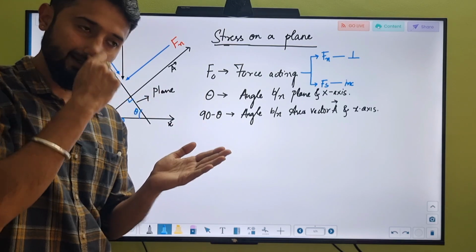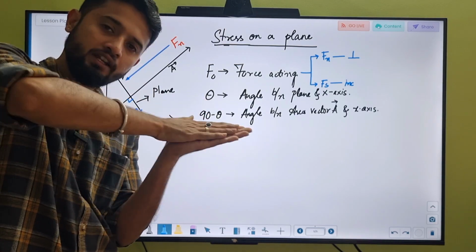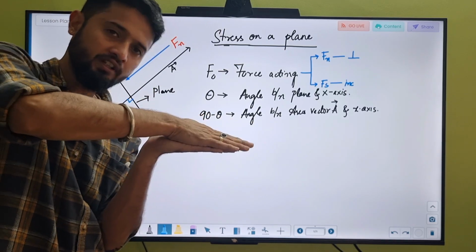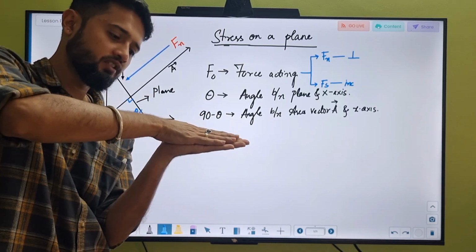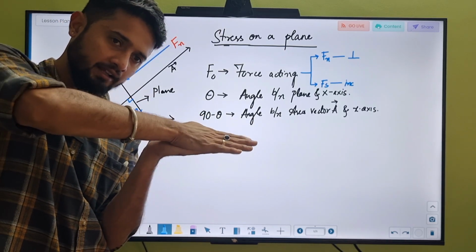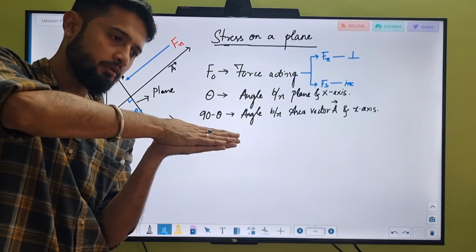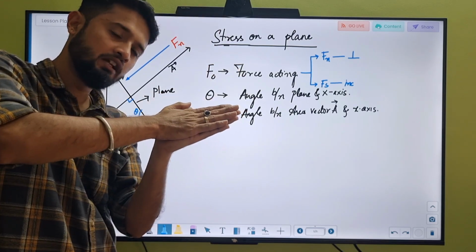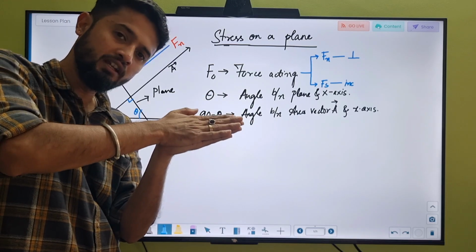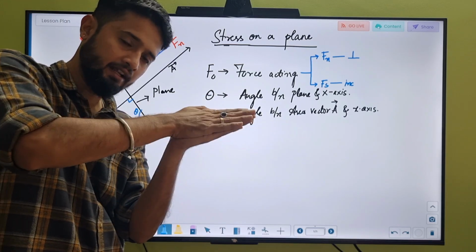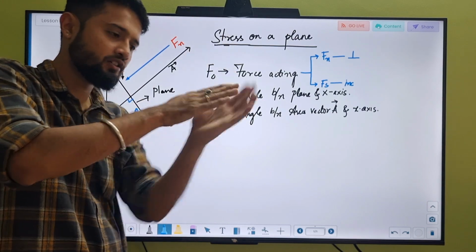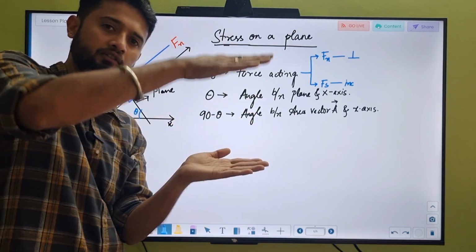I need an inclined pressure, then only it starts to move. My direction should be like this. So the force which I'm applying is split into the one which is perpendicular, which will help this body stay on the plane or the area. If there is no such force acting, it might float away.